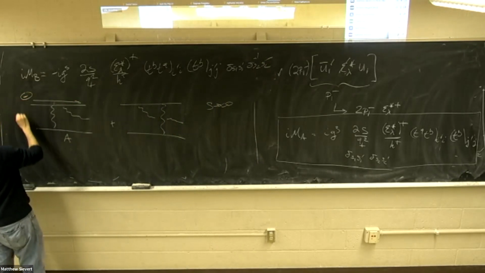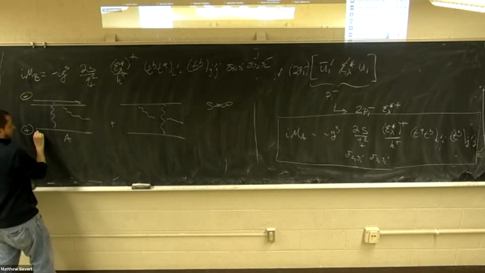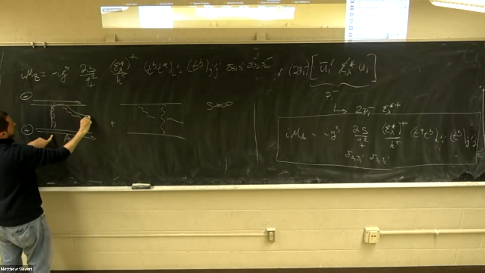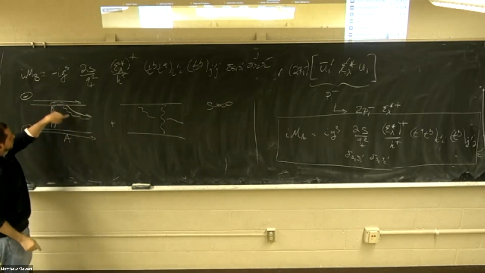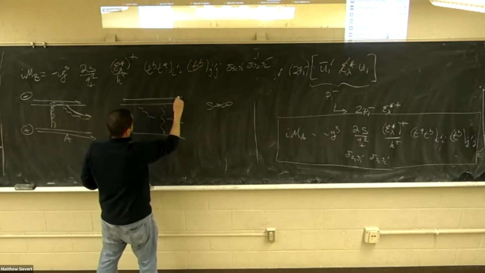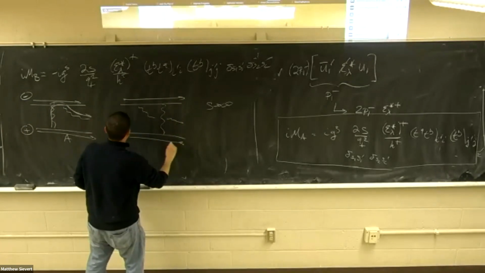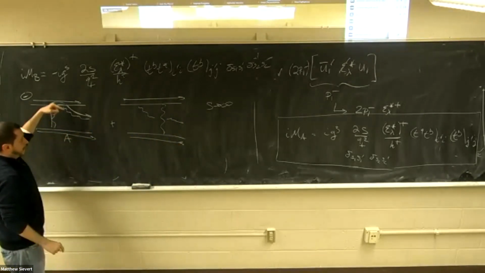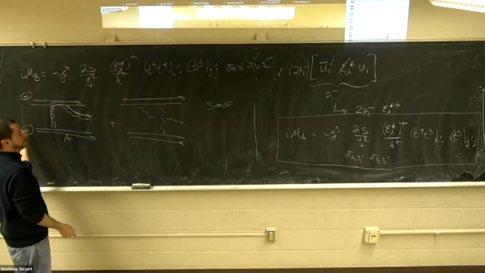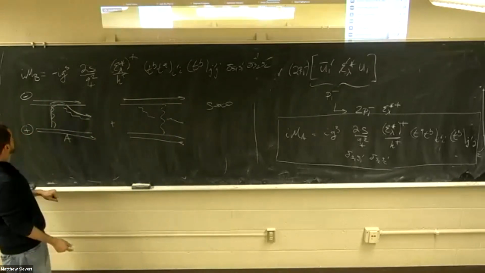I have a large minus momentum that goes straight through. I have a large plus momentum that goes straight through. And I bleed off a very tiny amount of plus and minus momentum to be able to create a gluon in between. So none of that really changes very much when I go from final state radiation to initial state radiation. The only thing that changes is the relative flow of those plus and minus momentum.